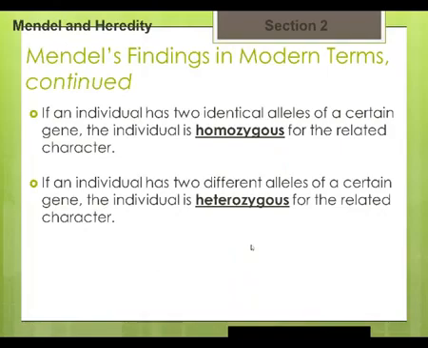So if an individual has two identical alleles for a certain gene, the individual is homozygous. So if an individual has uppercase Y, it is homozygous. And in that case, we would call it homozygous dominant. If the individual has lowercase y, it is still homozygous because it has the same alleles.